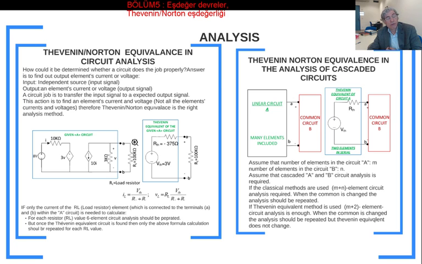So the function of your circuit can be explained by saying that this circuit transforms this input to that output. The output is an element current or voltage. So how am I going to say that this circuit's job is to transfer the input signal to the expected output signals?